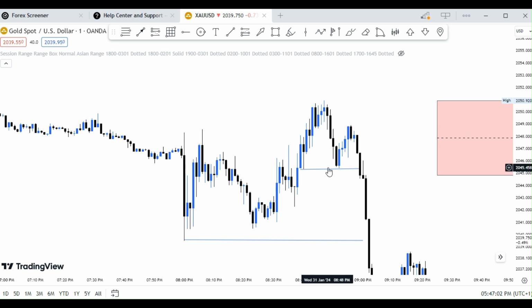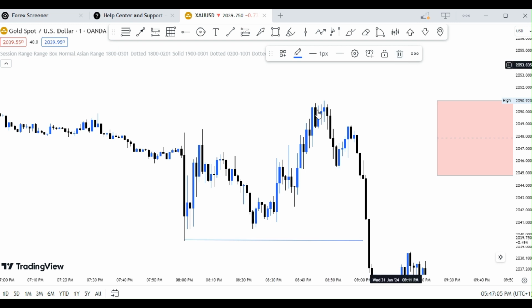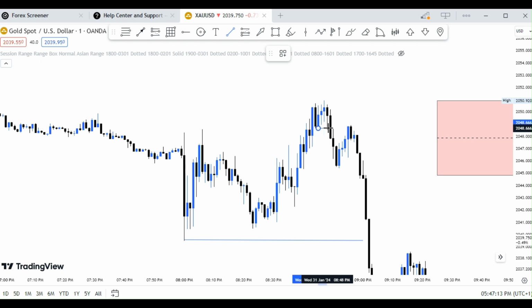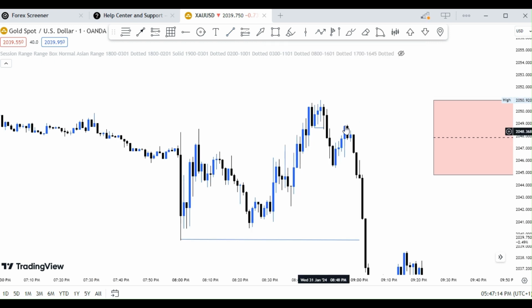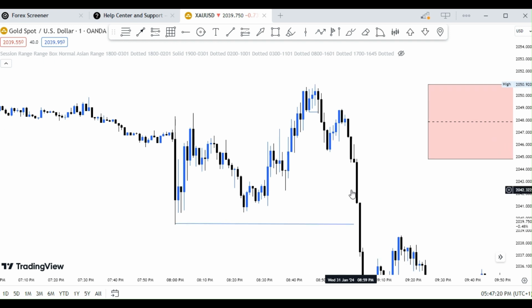Or actually, let us not cheat. I just see there's another pullback here. This one takes it above. So change of character has happened here. Even the market went back for the short before they had this drastic move.